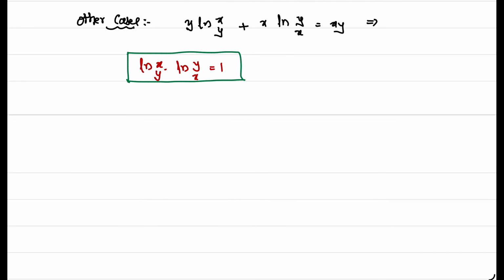As we have considered, let this be P and x ln y to the base x be equal to Q. Then the equation is reduced to P plus Q is equal to xy.